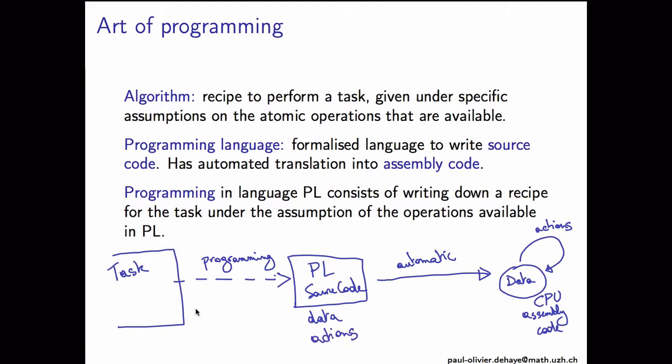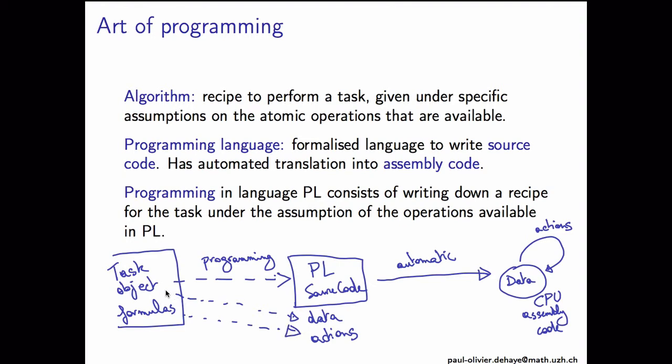And if you want, here there is also data and actions. And maybe the actions would be translated into formulas at the level of the task if we're doing mathematics. And the data is just some mathematical object. So when doing the programming step, we are translating the objects to data and the formulas to actions.